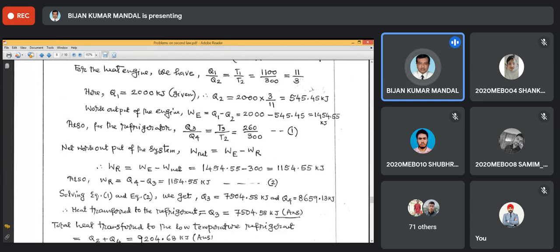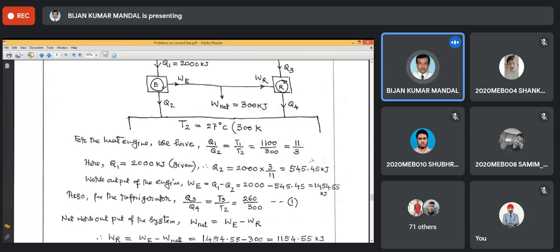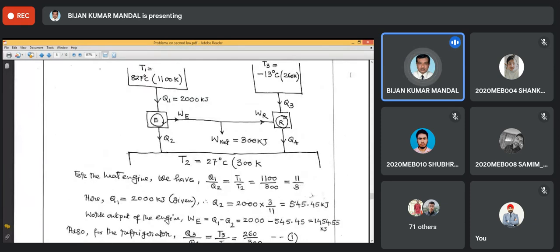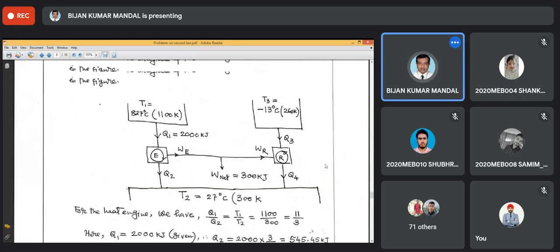Now, heat transfer to the refrigerant. That means you have to find out this one. Because the heat that is being extracted from minus 13 degrees centigrade will be taken by a fluid that is known as your refrigerant. So actually you have to find out the value of Q3, and that we have found out.